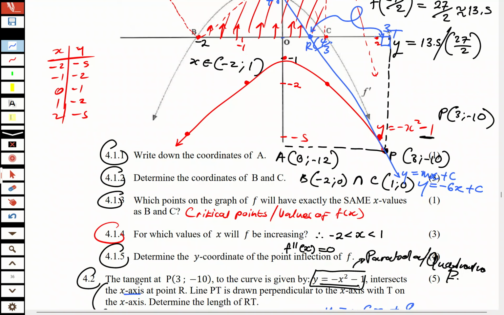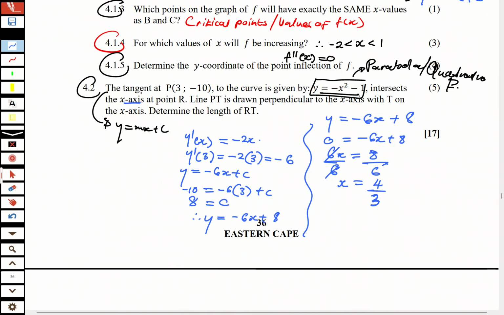To find RT, you simply say the long one, from the origin to T, that's 3, minus from the origin to R. So the length RT is going to be OT minus OR. From O to T is 3, minus O to R, the length 4 all over 3.